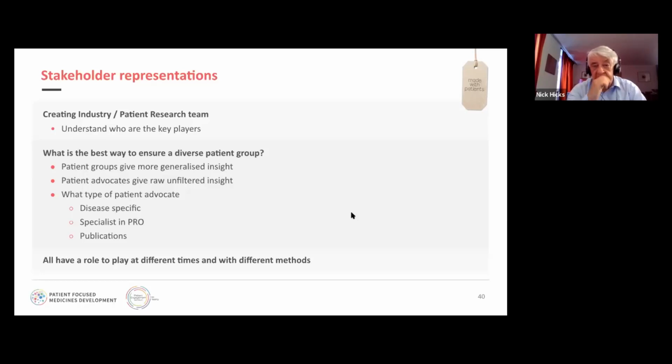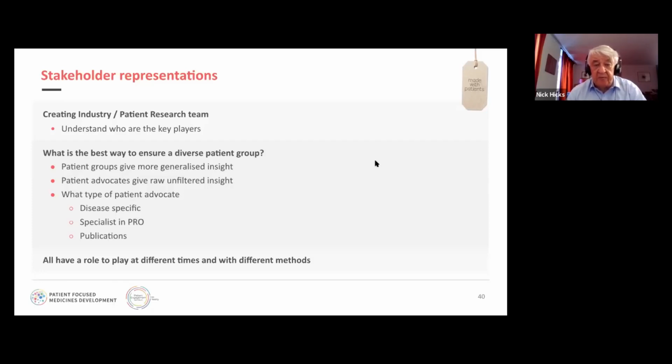But often I think one of the things that we can miss here is that while England and the UK, and I'm in France, has always been a traditional centre of patient engagement, not all patients are English, and not all patients speak English. So it's really important to have cultural diversity, because different cultures and different countries communicate disease in very, very different ways. So that is something which will need to be thought about.